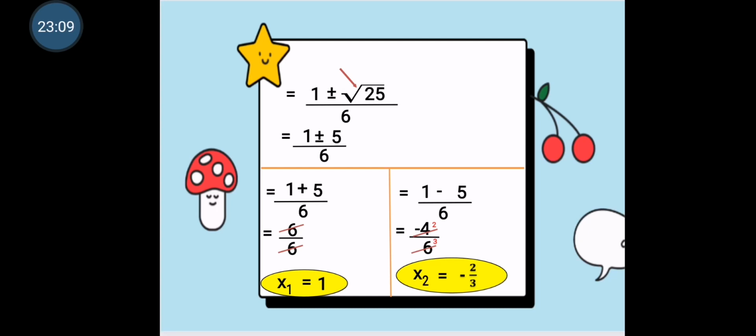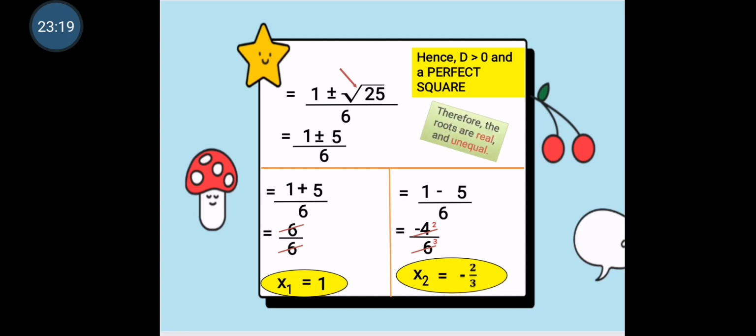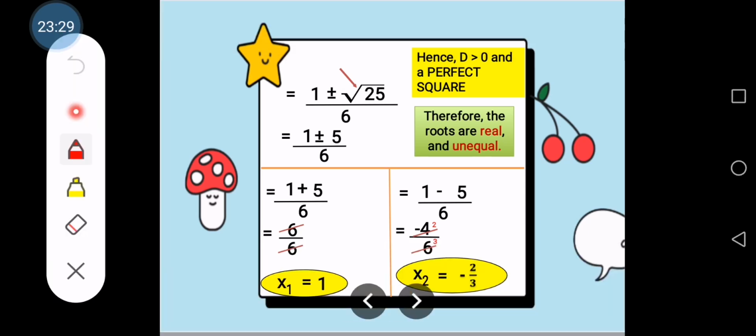So, kung mapapansin nyo, ang roots ay magkaiba. So, yun na po yung sinasabi kanina. If the discriminant is greater than 0 and a perfect square, then the nature of the root ay real. So, reals po yung number natin. Kasi yung 1 and negative 2/3 is a real number. At the same time, they are unequal. So, bakit naging unequal?